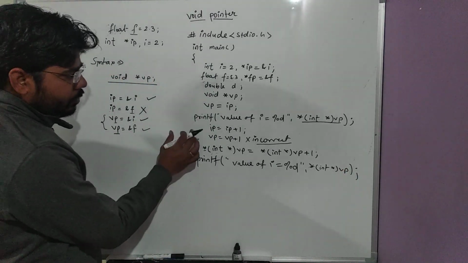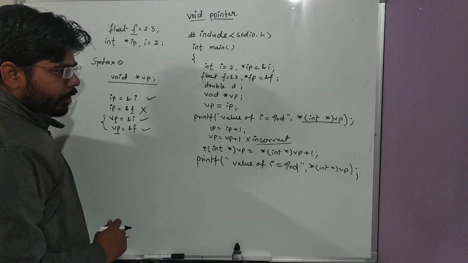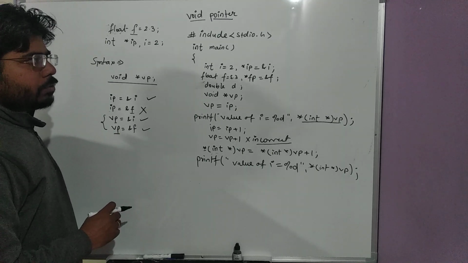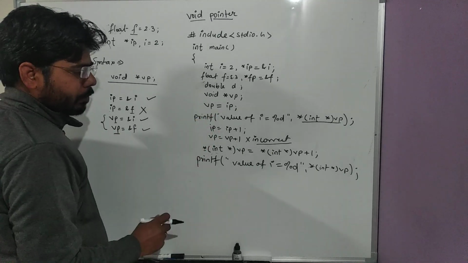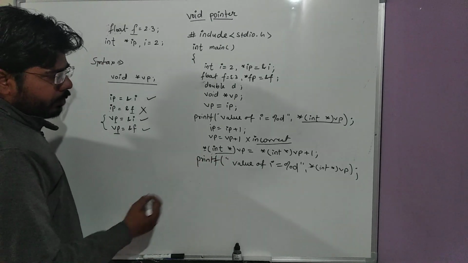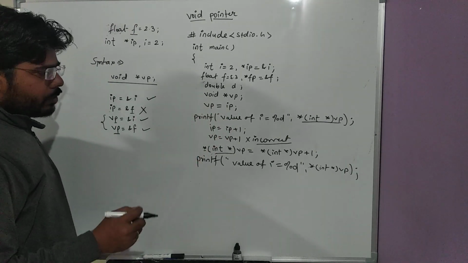Okay, so this is a very important thing to remember in the void pointer case. Every time when you dereference the void pointer, we cannot do it simply by using the indirection operator. Every time you have to do the typecasting of the void pointer. Now this VP is assigned the address of the integer value.